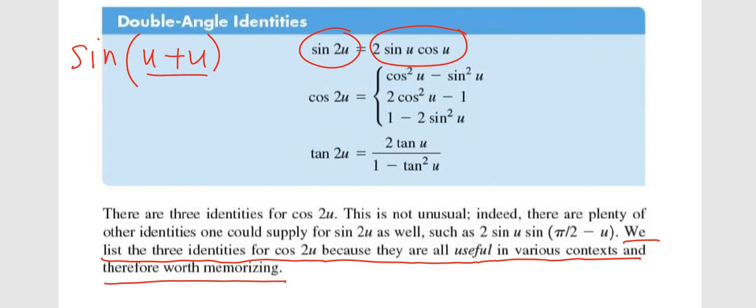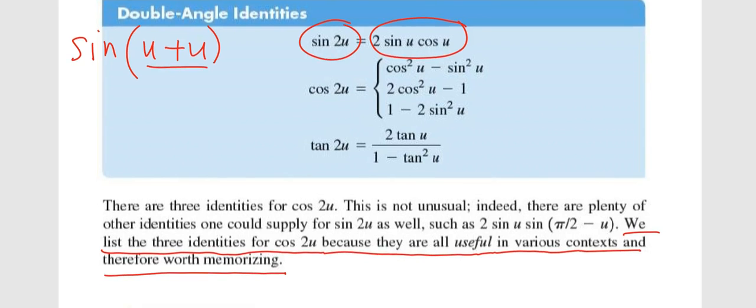Will they be on your formula sheet? Of course they will. Worth memorizing? The only reason you memorize them is because you've used them so many times. Nobody sits down to memorize these. You might happen to know them because you keep doing them over and over. Otherwise you're just going to be like the rest of us and look them up on the formula sheet. But there are the double angle identities for sine, cosine, and tangent, and we will be using them.